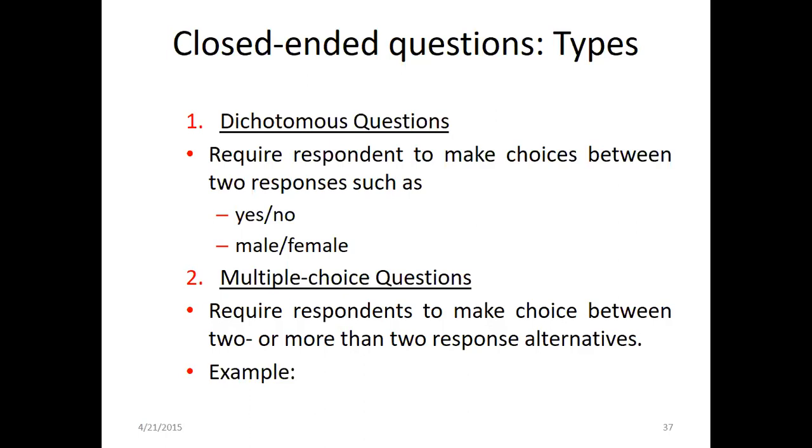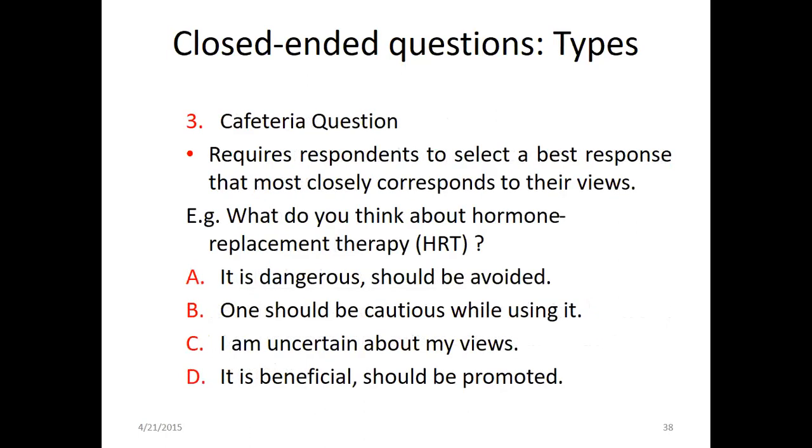Let's say you're mentioning accounting skills, maybe entrepreneurial skills, maybe business skills, etc. So if somebody has multiple of these skills, then he's able to pick more than one out of those. See, that's the idea there. Okay, then you have cafeteria questions.